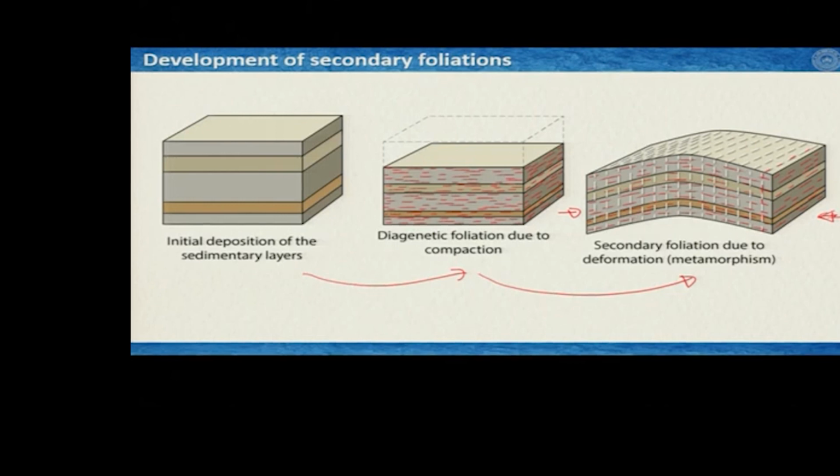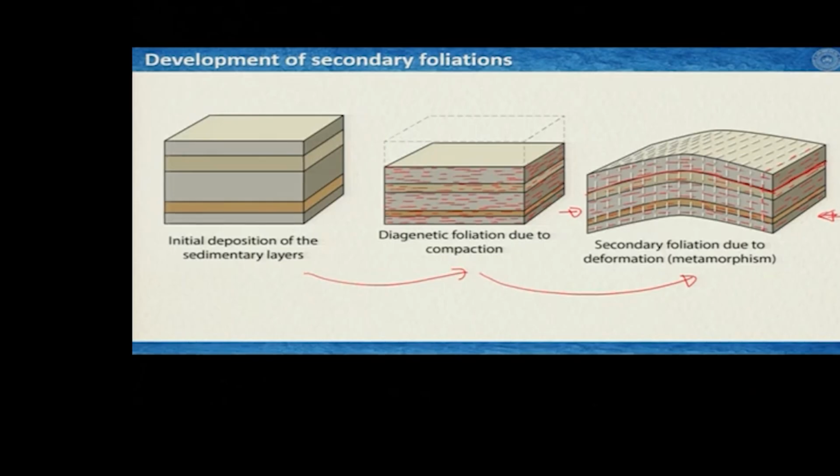And as you can see, these primary foliation layers are curved on this surface and straight on this section, and this secondary foliation cuts across these layers.